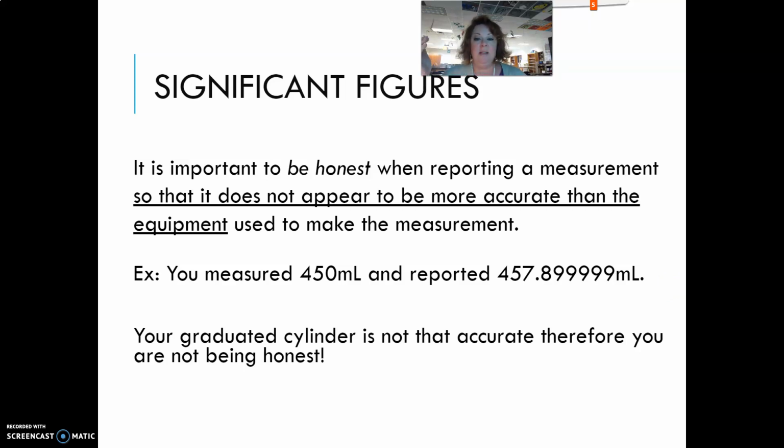What that indicates is that your balance was accurate to 10 digits. Y'all, we can't afford that kind of a balance. It's just going to be too expensive. So we have to limit the digits that we report according to the equipment that we have.